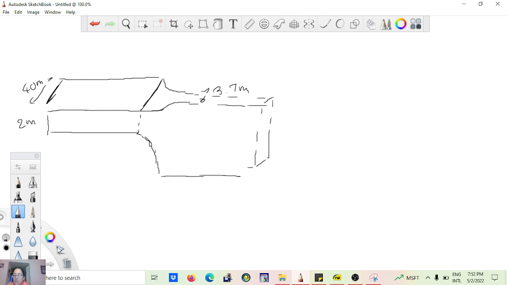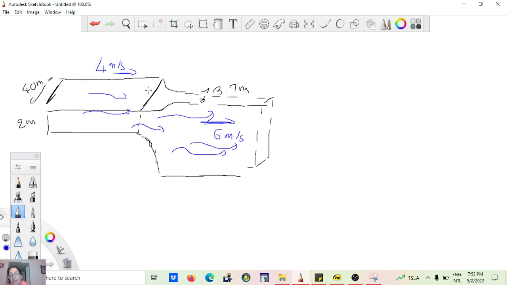Right? And that's water flowing. So the water is flowing here. So it's quite slow here. It's 4 meters per second. And here the flow increases to 6 meters per second. But we say that it's a steady flow.